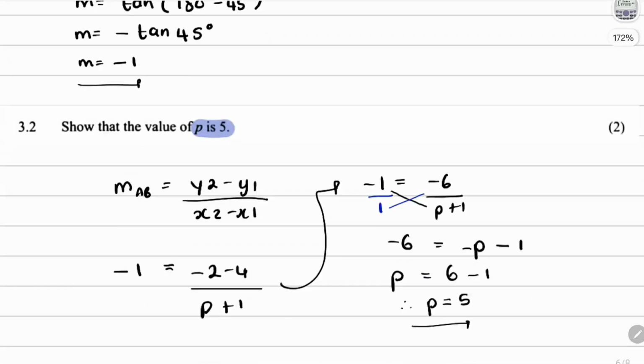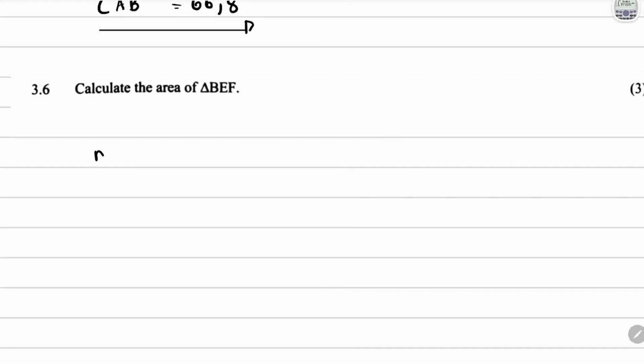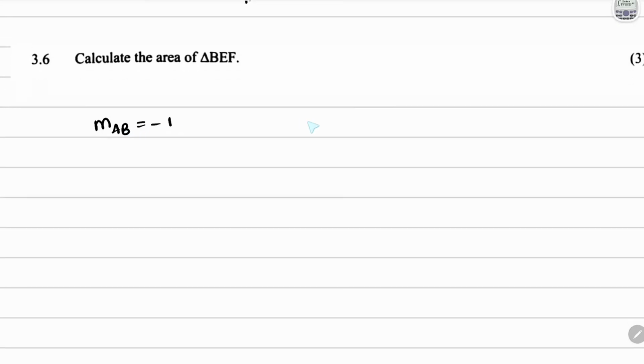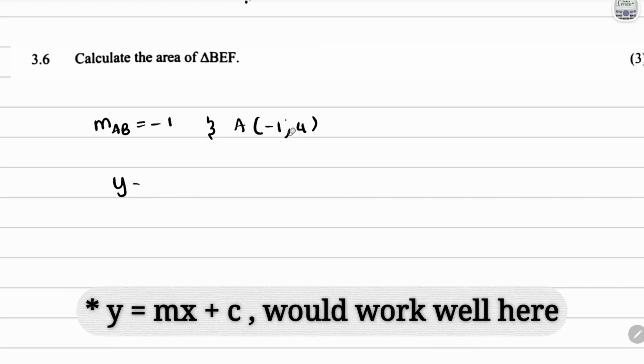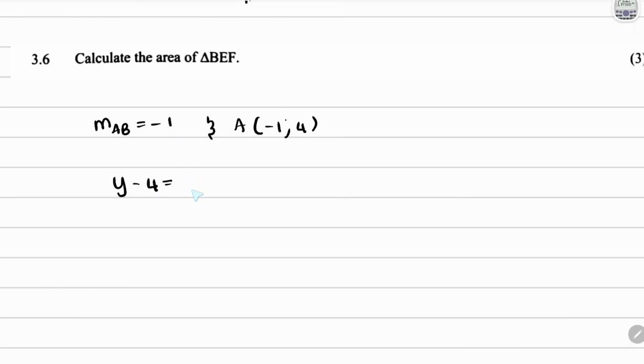With AB, the gradient of AB is equal to -1. And we have a point on AB, which is A, (-1; 4). So we're saying y minus y1, which is 4, is equal to our gradient, which is -1, times x minus x1, which is -1, so that becomes +1.